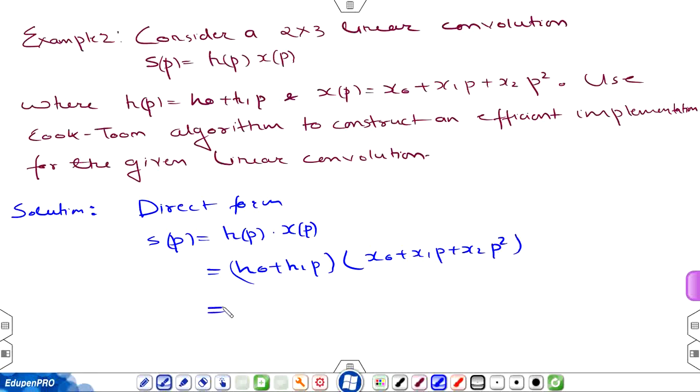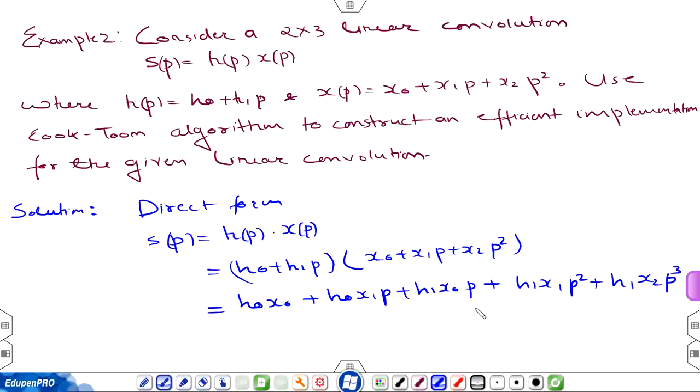So that is h0 x0 plus h0 x1 p plus h1 x0 p plus h1 x1 p square plus h1 x2 p cube plus h0 x2 p square.